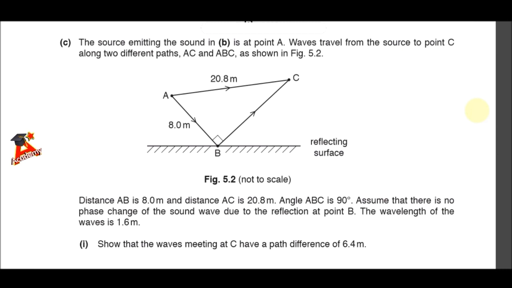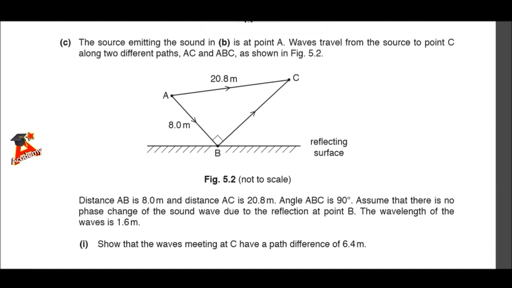In this question, we should find the path difference between the waves meeting at C. So we need to find this distance, distance BC. It's easy to calculate really because we have a right angle triangle.